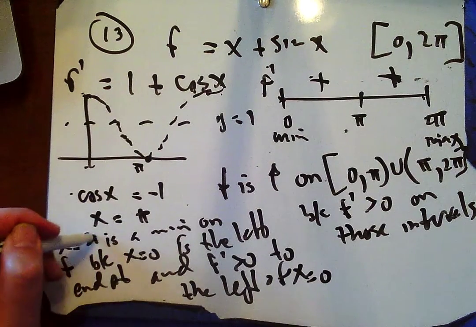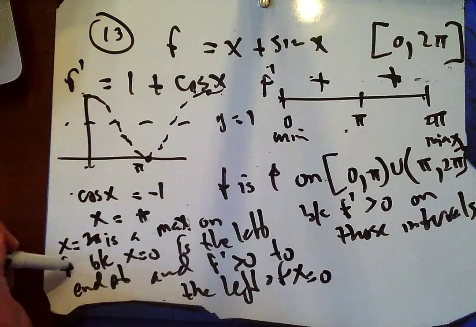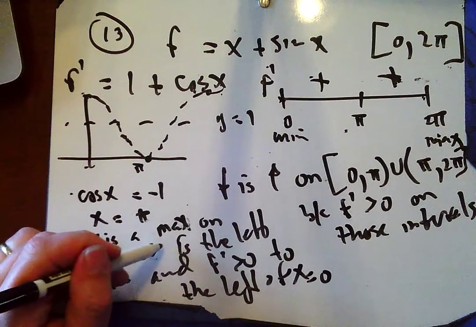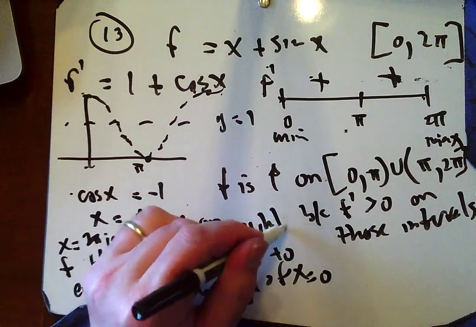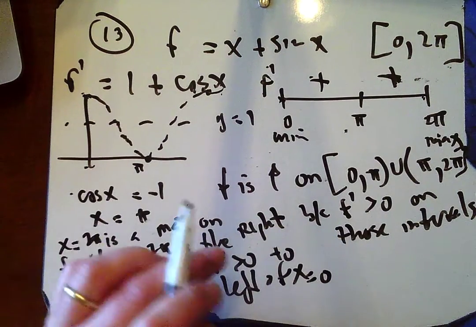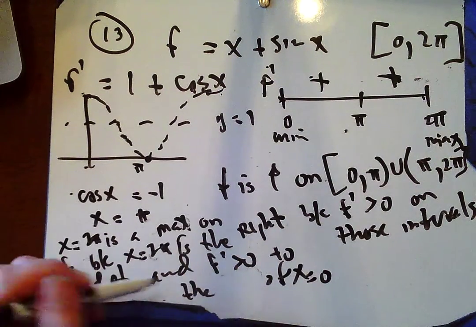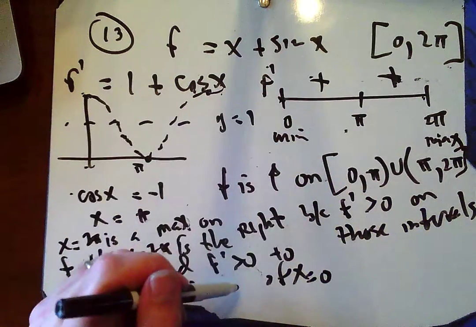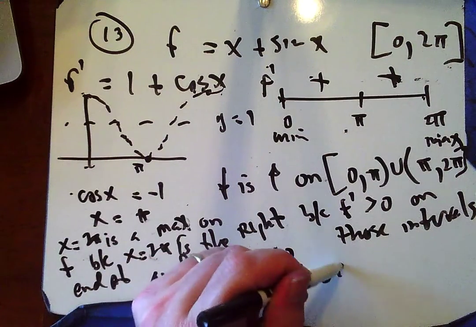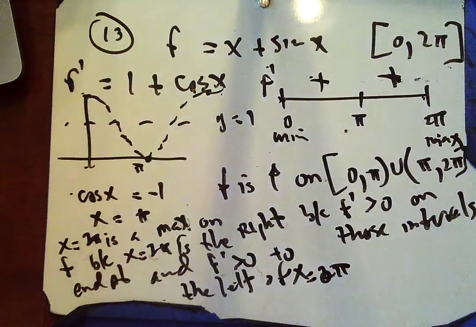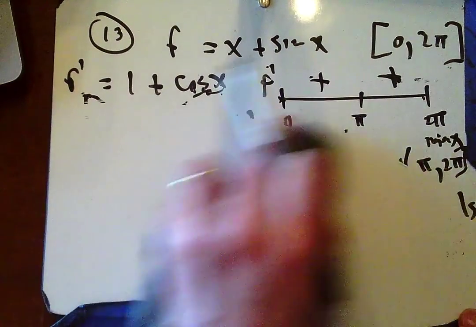X equals 2 pi is a max on f, because x equals 2 pi is the right endpoint, and f prime is greater than 0 to the left of x equals 2 pi. Okay, do not erase everything. You still need to do a second derivative.